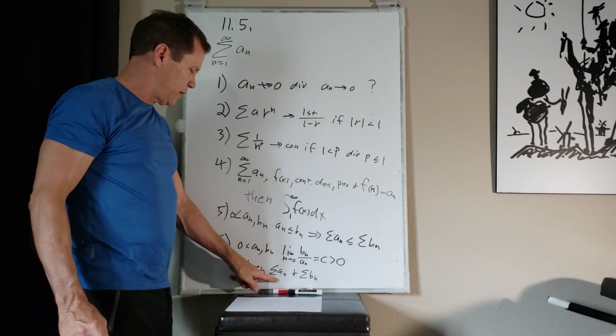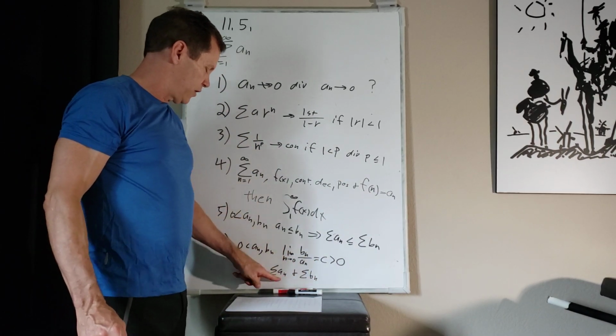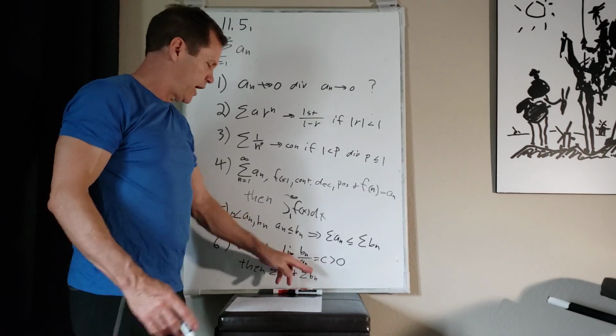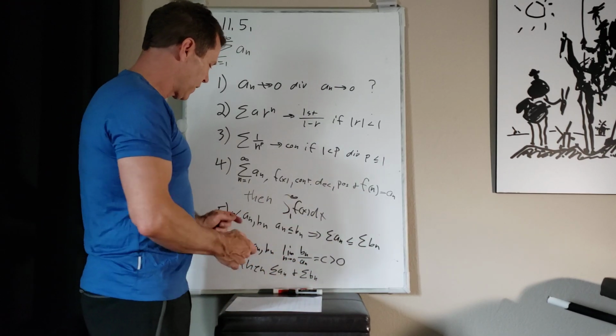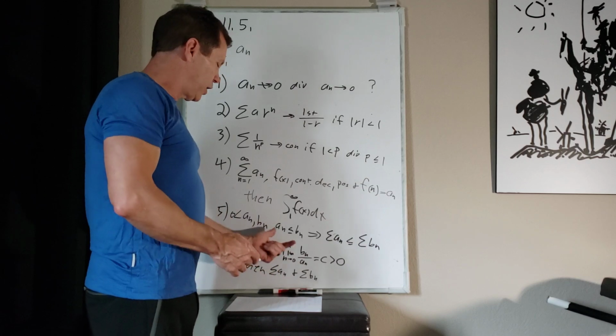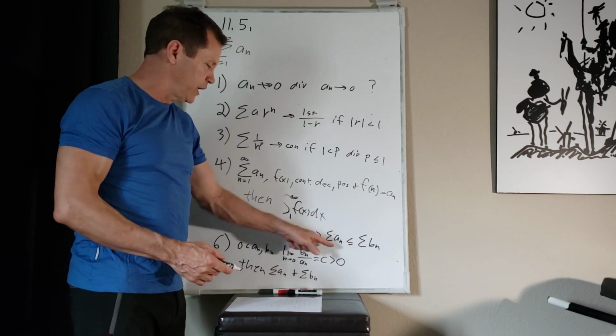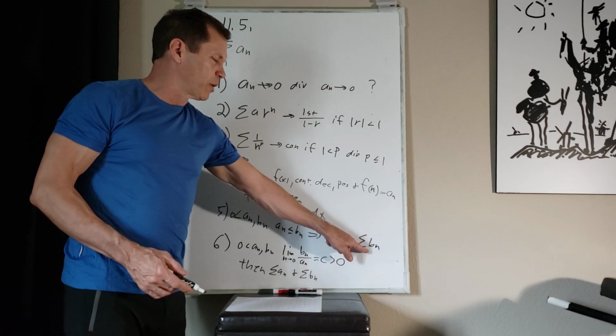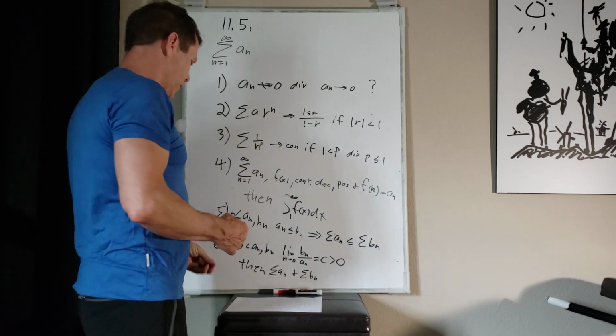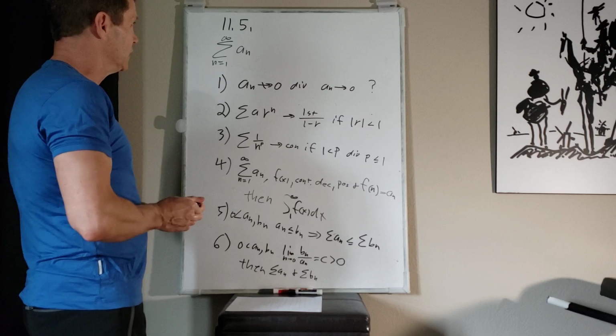So if an blows up, then that one blows up. If an converges, then that one converges. And on these two, the comparison test and the limit comparison test, you got to know something about one of these sums. So you're usually given one, and then you pick something to compare it to that you know something about. Okay, so that's all the stuff that we've done so far.